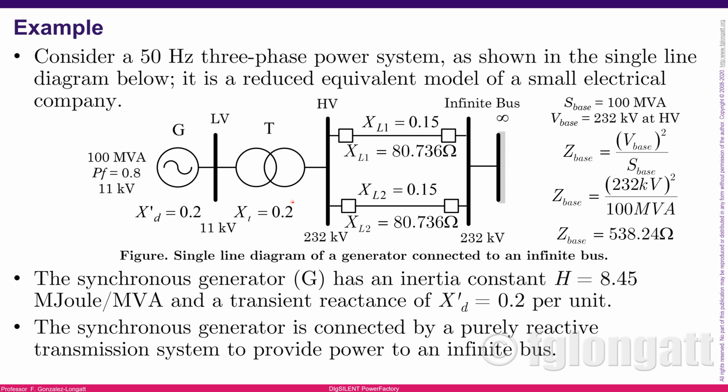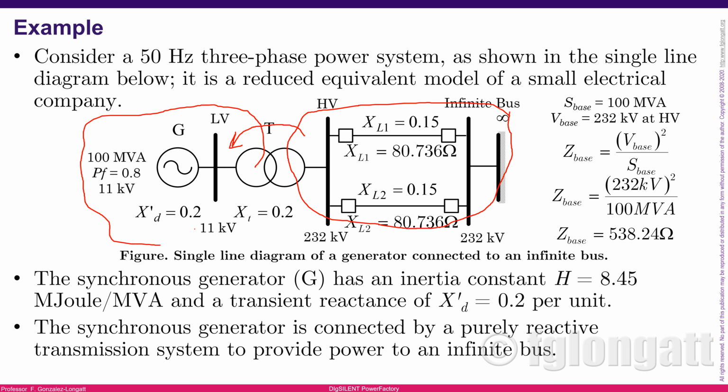Using 232 on this side and the transformer ratio, we can transform the base, and on the low voltage side we have an area with an 11 kV voltage base, okay? That is basically what I am telling you here, okay?